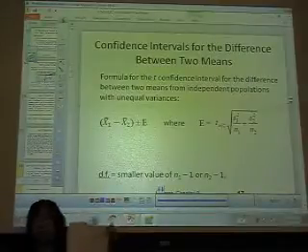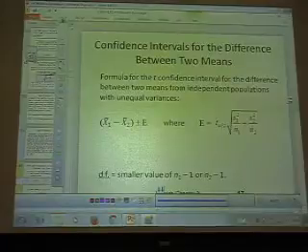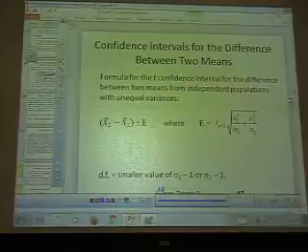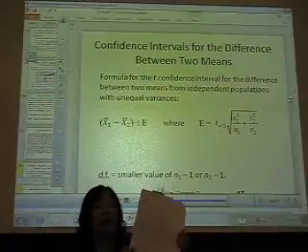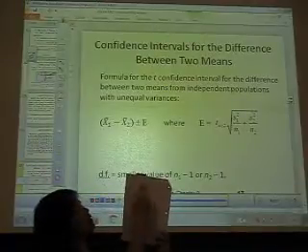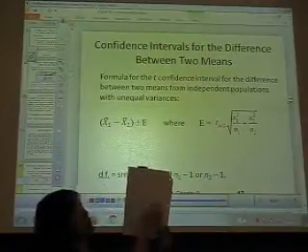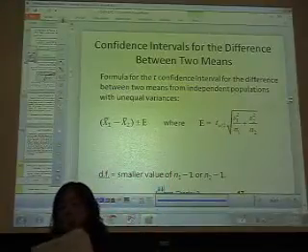We're going to skip that. So this part here where it says confidence interval estimates, mu1 minus mu2. The example and lab problem 5, we're not going to do those. So you put little X's through those.